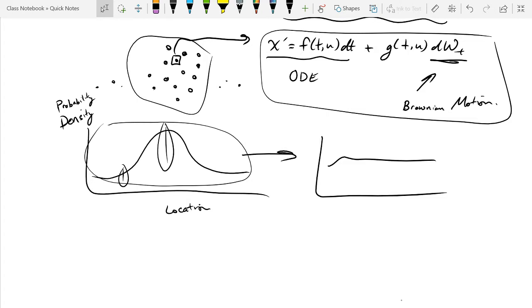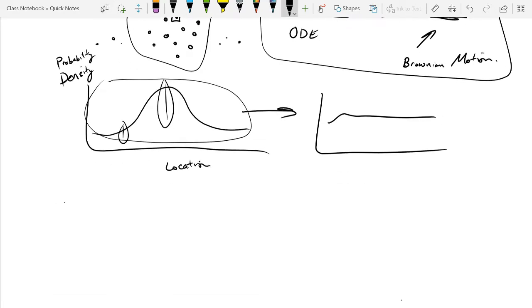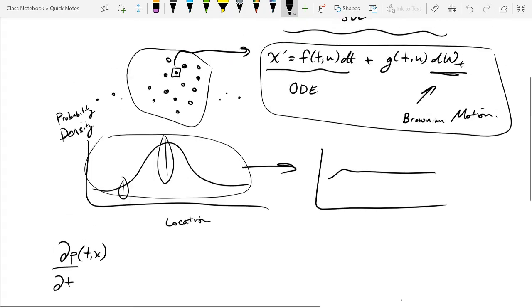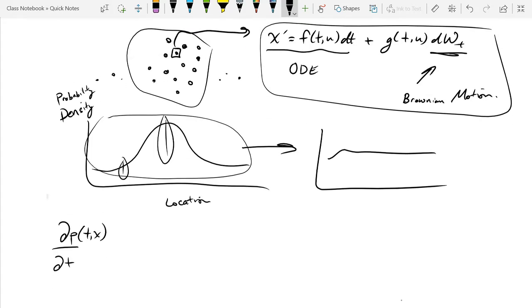Let me just make sure I have my notation the way that will line up. So yeah, the Fokker-Planck PDE is the change in this density over time, where this density is a function of time and space. Here the spatial location, remember, is the thing from our SDE.